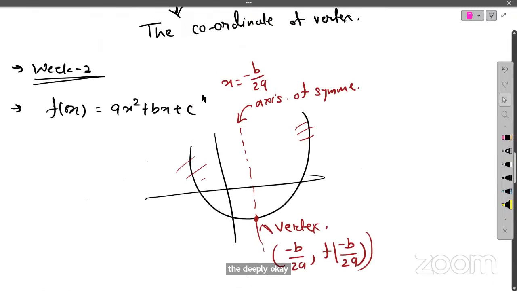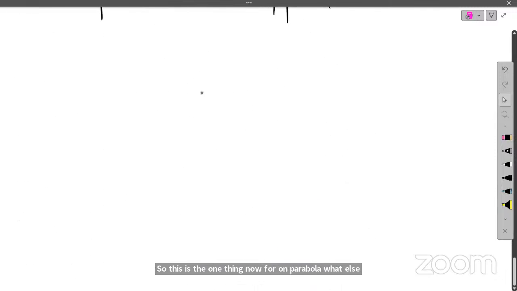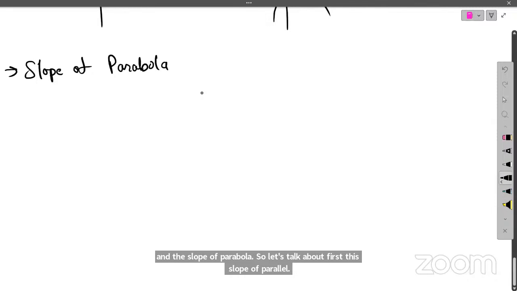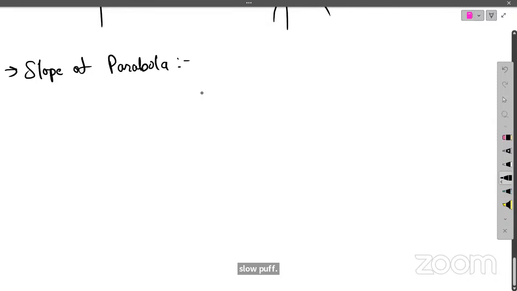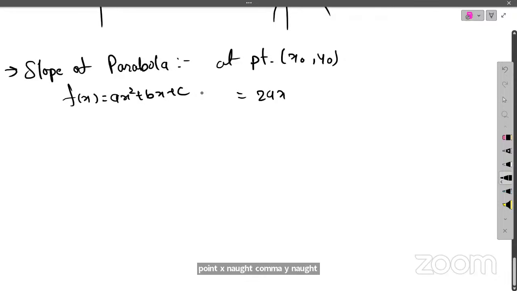Now on parabola, what else do I have? The maximum and minimum value of a parabola, and the slope of a parabola. So let's first talk about the slope of a parabola. If a parabola or a quadratic function ax square plus bx plus c is given to you, then the slope at a point x naught comma y naught is given by the formula 2a x naught plus b.